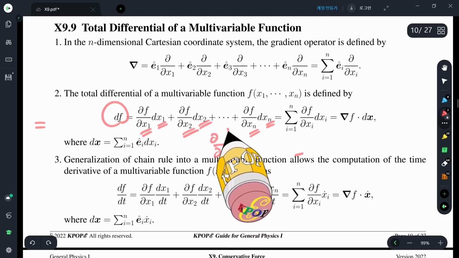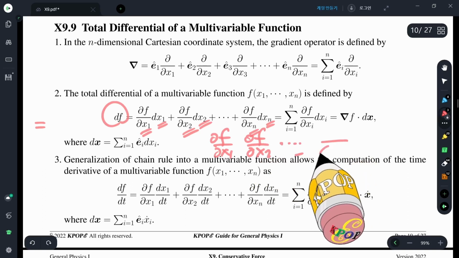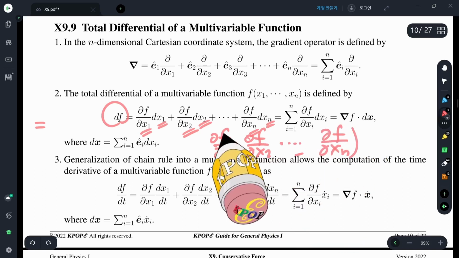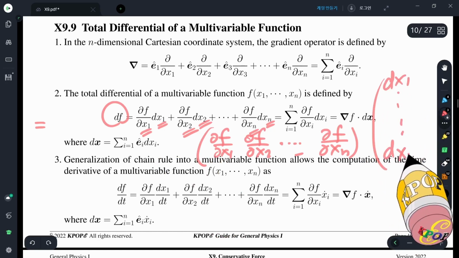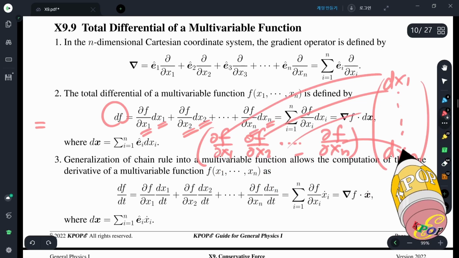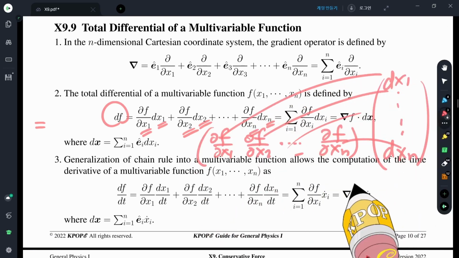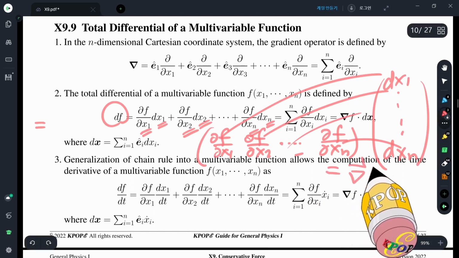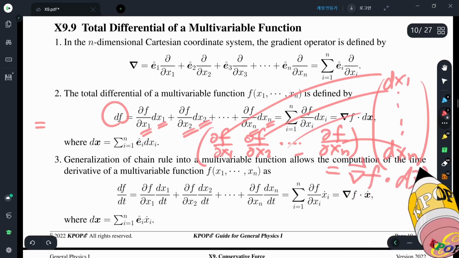There is a row vector and there is a column vector. Okay, this is a Cartesian component representation of the scalar product. So this is the gradient of f dot dx, extended to the n-dimensional Euclidean space.